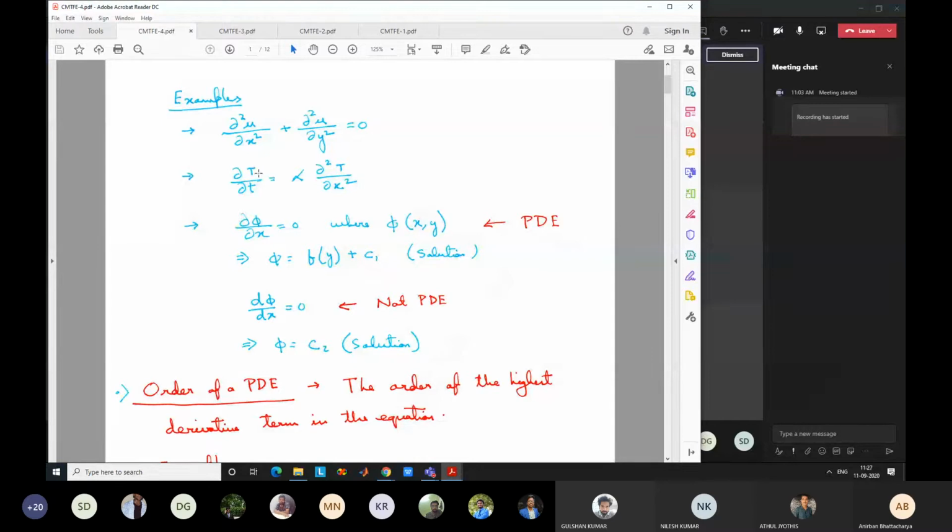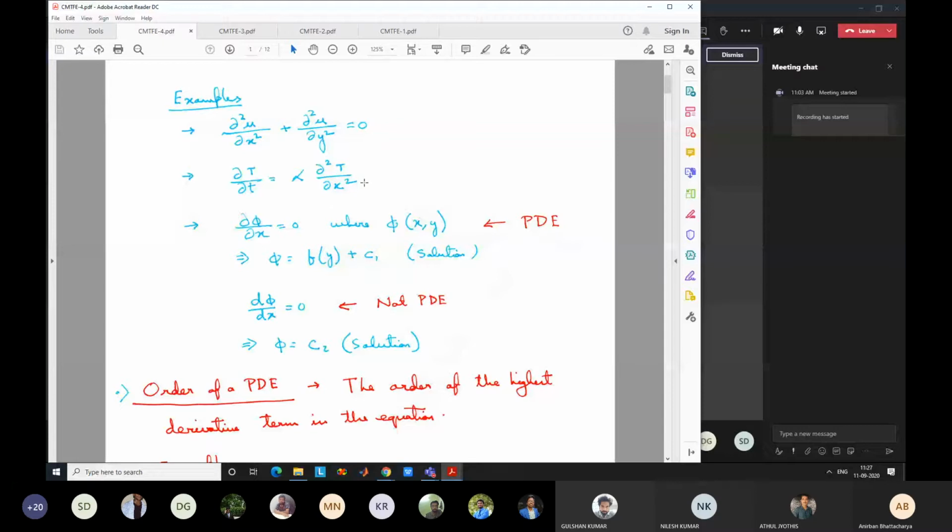Accordingly there can be third order PDEs, fourth order PDEs, depending on the problem. Typically in our cases, in fluid and thermal problems, most of the governing equations are second order PDEs. At least one term will be present where the second derivative appears.